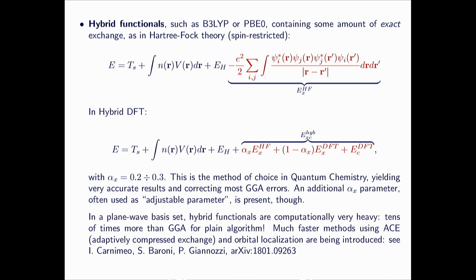And the second problem is that if you work with plane waves, this part here is horribly slow. It scales as you have to make products of all pairs of occupied states, so it's very slow. There are some recent developments that are very promising to speed up the calculation and the usage of hybrid functionals with DFT.